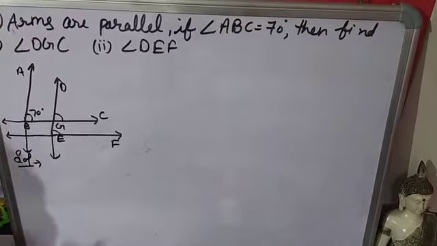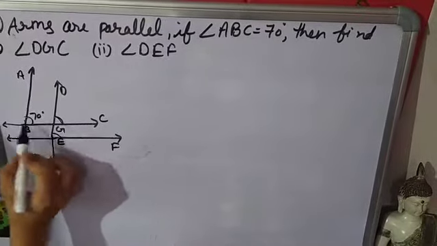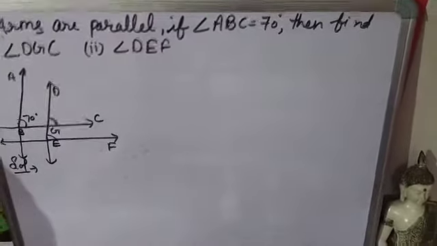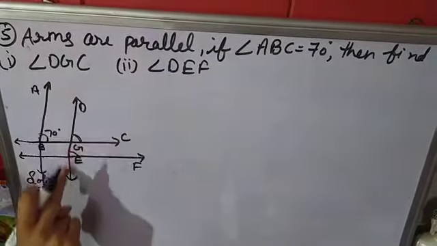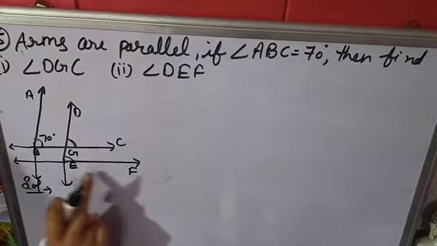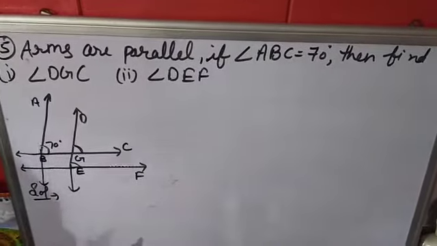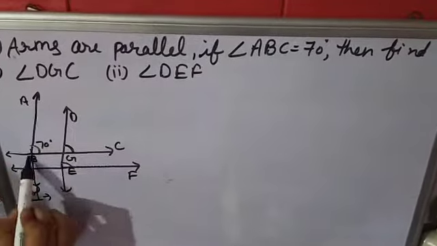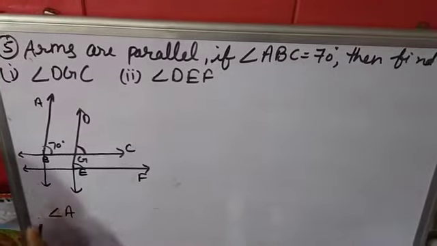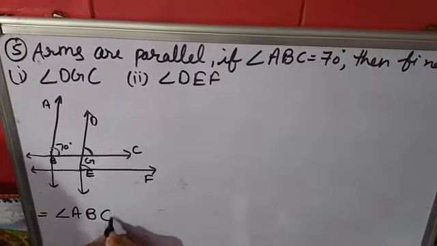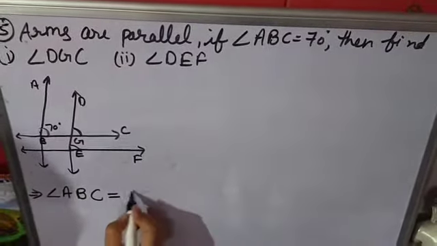Now look at the figure. This angle and this angle are both corresponding angles. Why are we extending? Which lines are parallel? This AB line is parallel to DE and this BC line is parallel to EF. Now this angle 70 and this angle are both corresponding angles. It means angle ABC is equal to angle DGC.